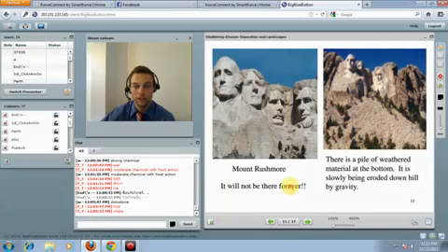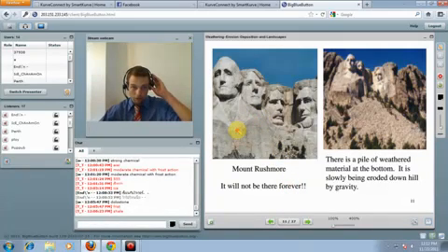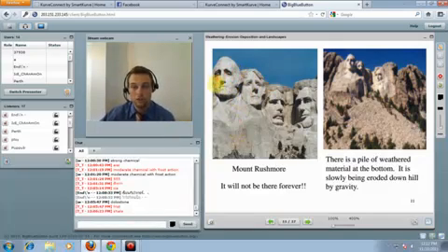It's eroding. So in 100,000 years, if no one's there to recarve this, it will look like a bunch of blank faces. The noses and things like that are being exposed to wind and rain.